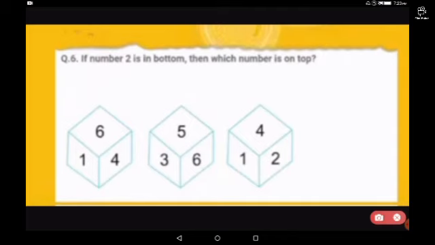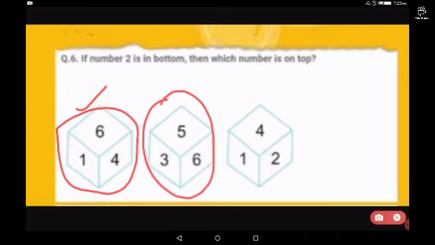Actually these three dice positions are related like this. First of all, the dice shows this pattern, and when it is rolled again it will show this pattern, and then when rolled again we'll get this type of pattern.